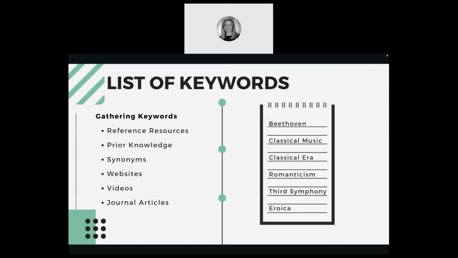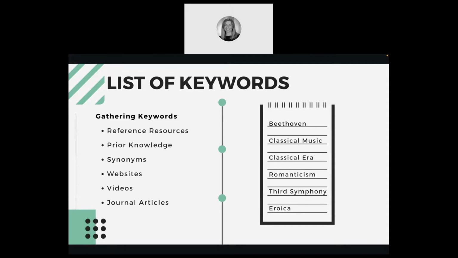As you're beginning the research process, you're going to want to access reference resources such as encyclopedias and dictionaries. They can help you gather background information for your topic and keywords that you can use to enter into the research databases. As you're reading through your resources, you're going to look for the who, what, when, where, and why for your topic.